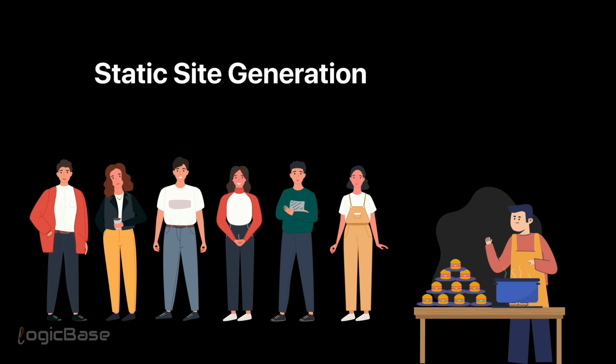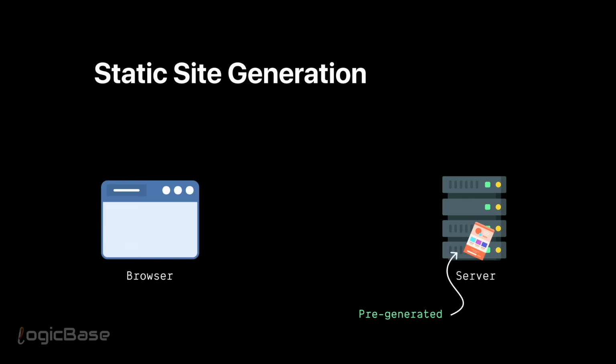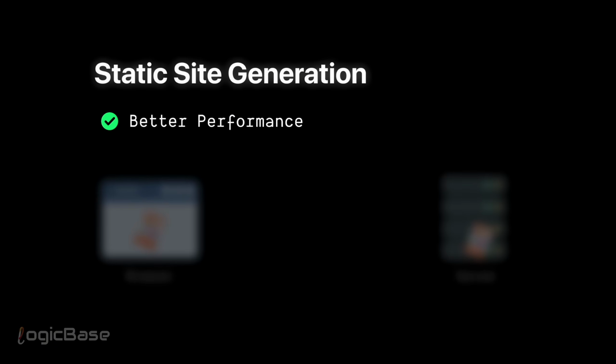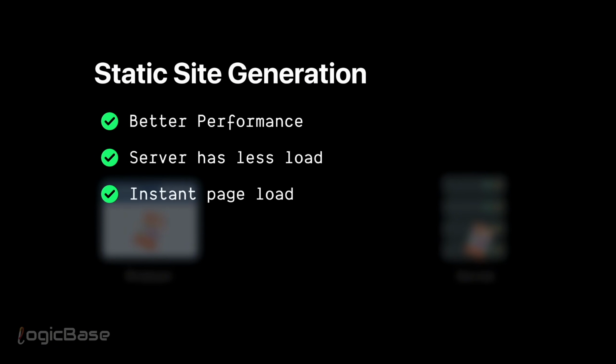As soon as someone orders one, it's ready to go, served immediately. That's how SSG works. The pages are already pre-rendered, so when a user visits the site, they see the page instantly without any extra work. This leads to high performance and low server load. The only job at runtime is to fetch the pre-built page from the server and show it.